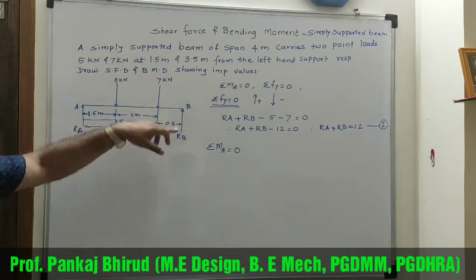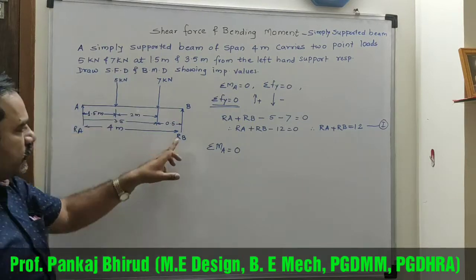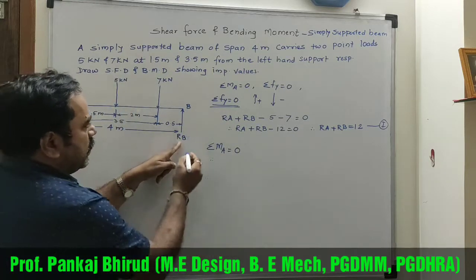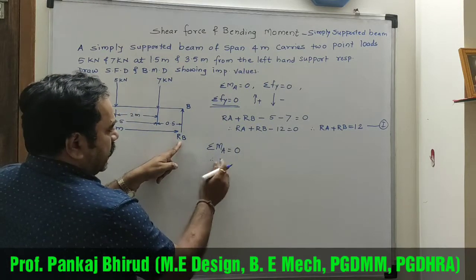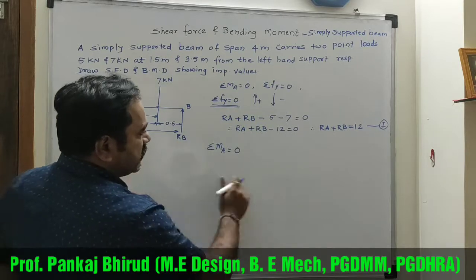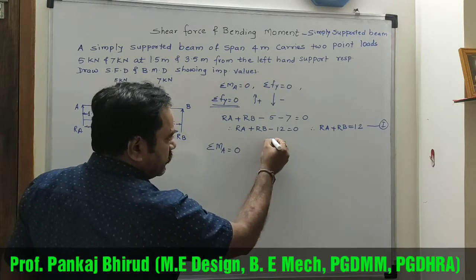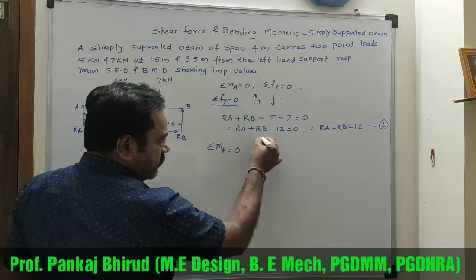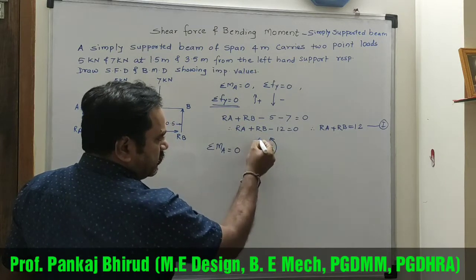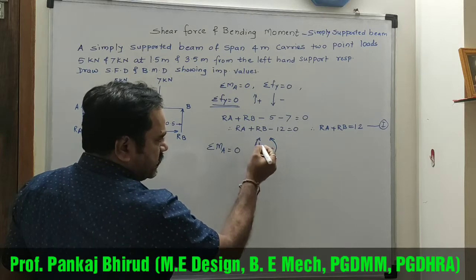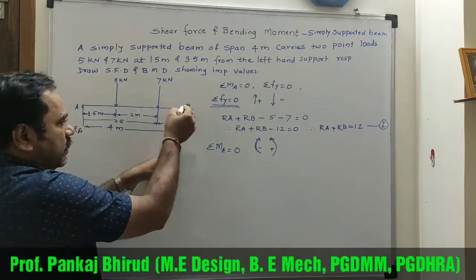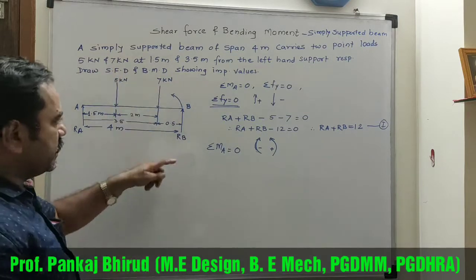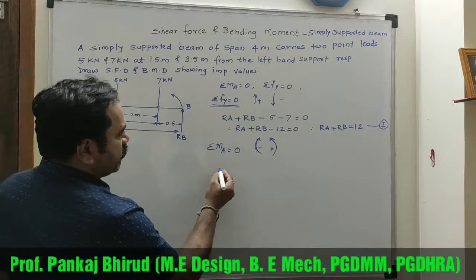Take moment of all forces at point A. So we will start from B point. So RB. Now first mention the sign convention. Here anti-clockwise is positive and clockwise is negative. So this RB in anti-clockwise direction towards A, so it is positive.